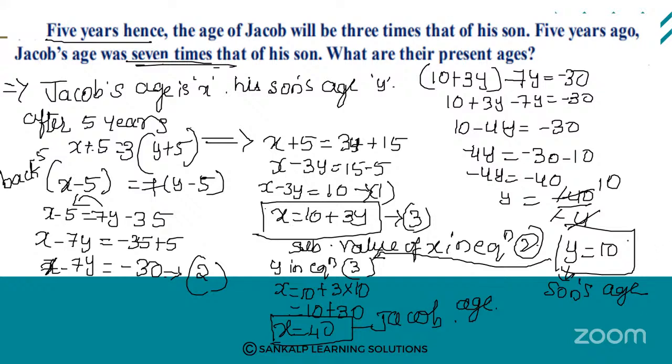So son's age is 10. 3 times means 10 plus 30, which gives 40. So this is Jacob's age and this is son's age. So this is the question. This question can be asked for 3 marks.